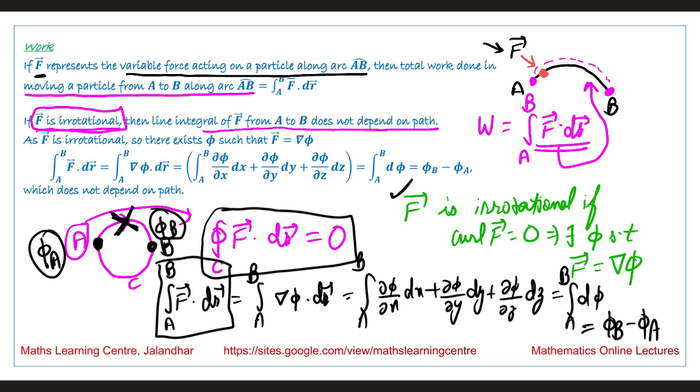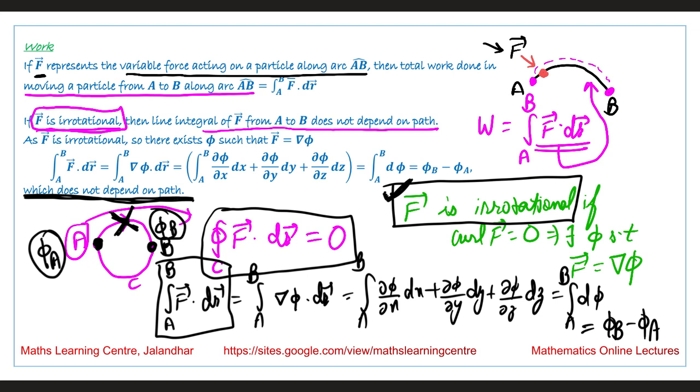So what we have obtained is that if f vector is irrotational, then the work done does not depend upon the path. If we are not using the term work done, we are saying if any vector field given to us is irrotational, then the line integral that we have does not depend upon the path.